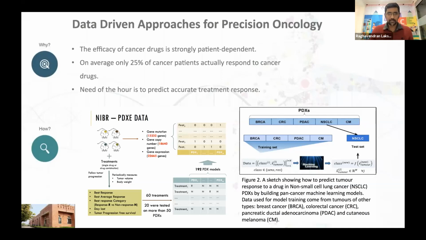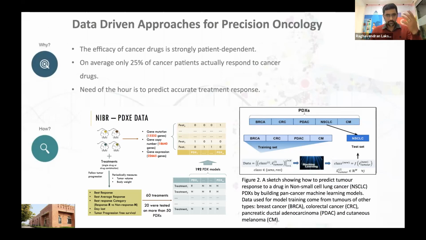So for this study, one obviously cannot use patient data because of the difficulty in the uniformity among the patient data, but we can actually use these mouse model data to predict the treatment response. So how did I do that? The gene expression data, the copy number variation data, and the gene mutation data were the features from which the machine learning models define a function to understand the tumor response.